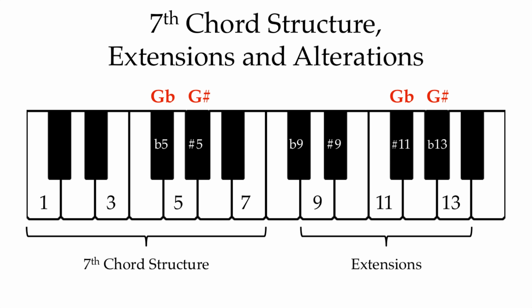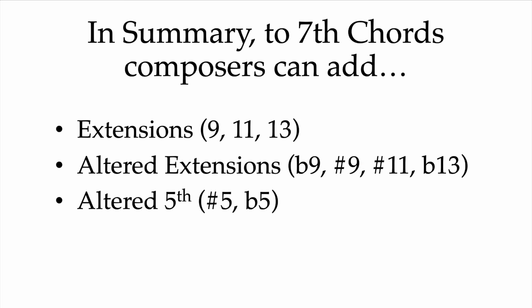That's why some people will also describe the C7 alt chord as a C7 chord with flat 5, sharp 5, flat 9, and sharp 9, instead of all the altered extensions. Jazz is a very improvisational art form, and from my experience, the way they write and describe chord symbols can also be quite improvisational. So in summary, to 7th chords, composers can add extensions, altered extensions, and sharp and flat the 5.